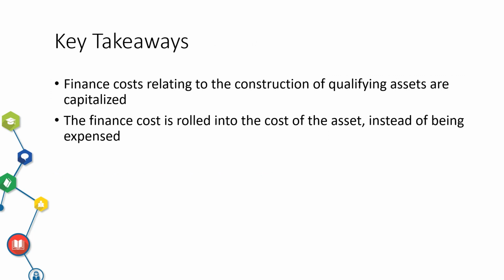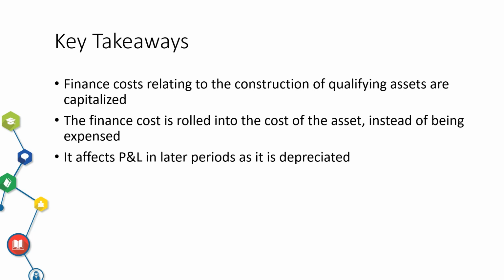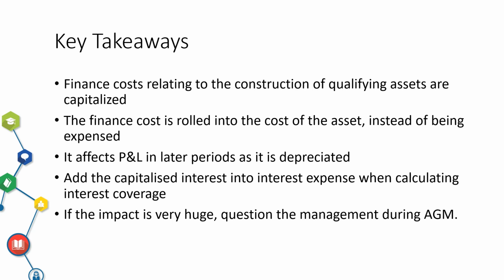Here are a few key takeaways. Capitalized interest is interest incurred on a construction loan used to construct a building. It is rolled into the cost of the asset. Capitalized interest shows up on the company's income statement through depreciation expense, recorded on the associated long-term asset throughout its useful life. I have also shown you a few examples where capitalized interest distorts the interest coverage ratio.